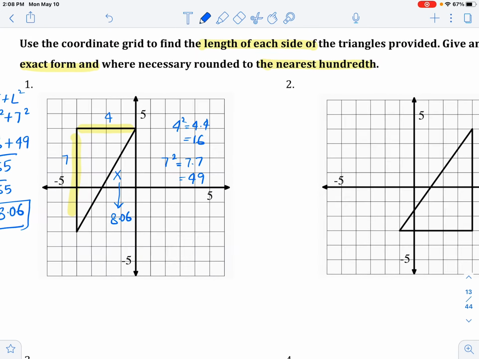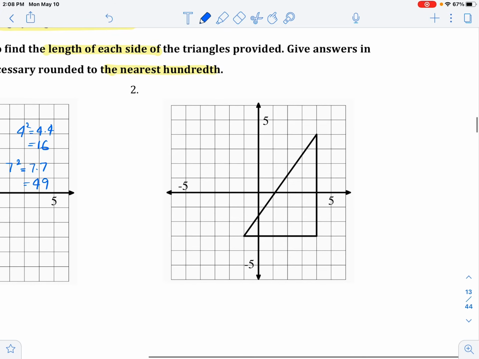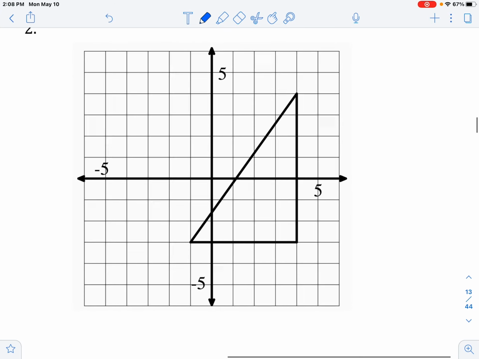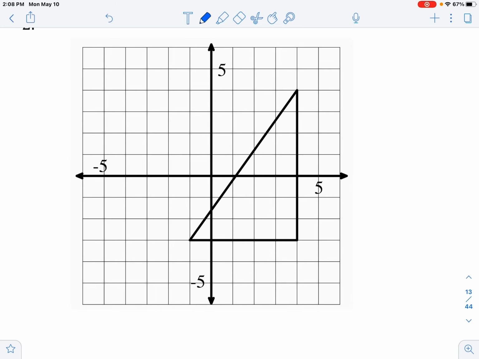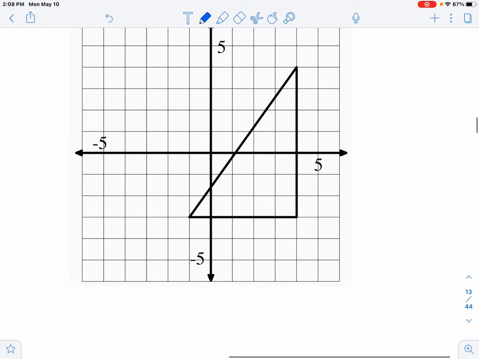Here, if I have to find the hypotenuse and the other sides, I will just count the number of boxes, because each box is 1 unit. If I pay attention to this one, 1 2 3 4 5, that's 5 units long.